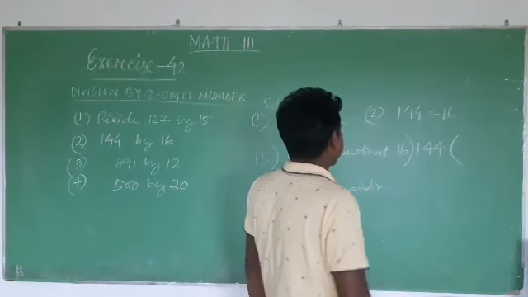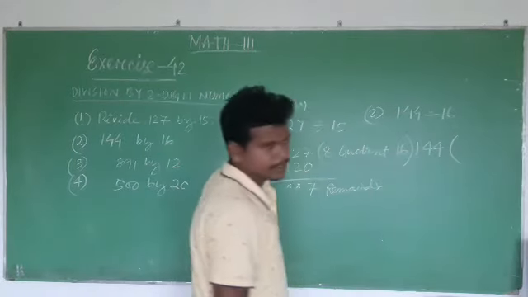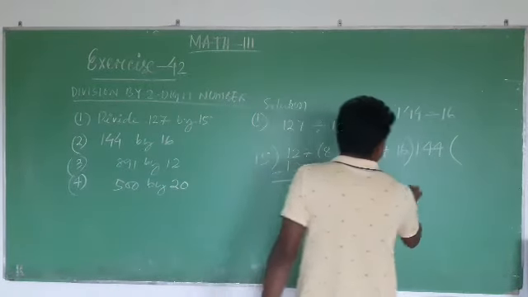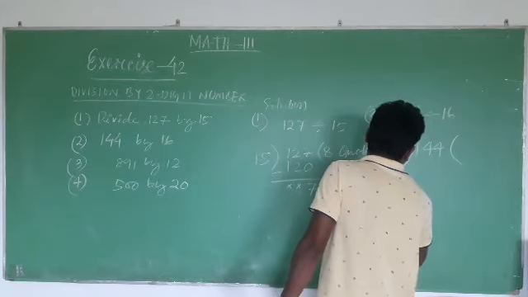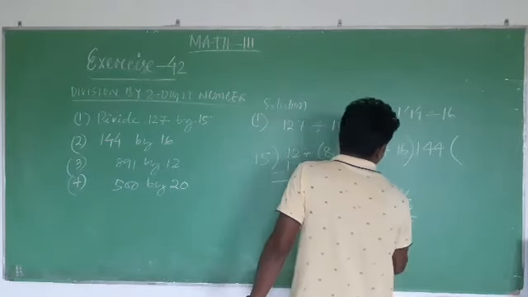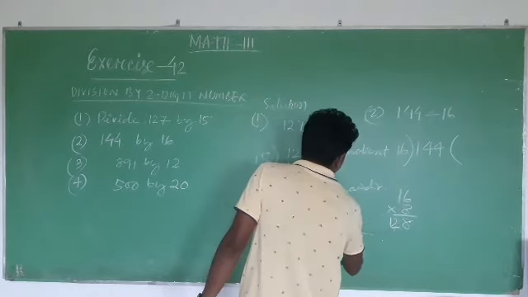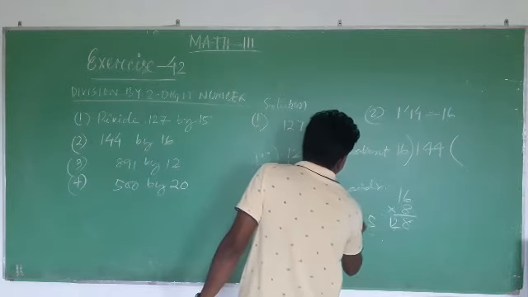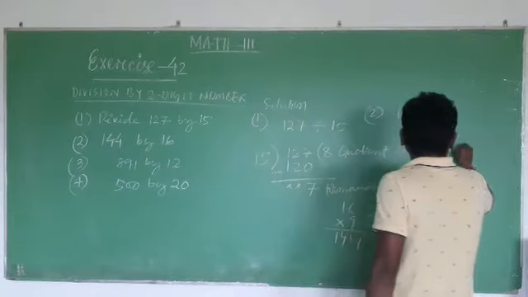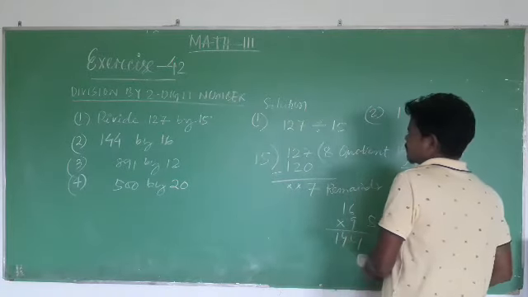So here 16 is also greater, and 14 is smaller. So here also we will consider the 3 digits. That is, consider 16 8 is what? 128. 16 9 is, this is 16 into 9. Okay, 16 into 9, that is 144, and the remainder becomes 0.